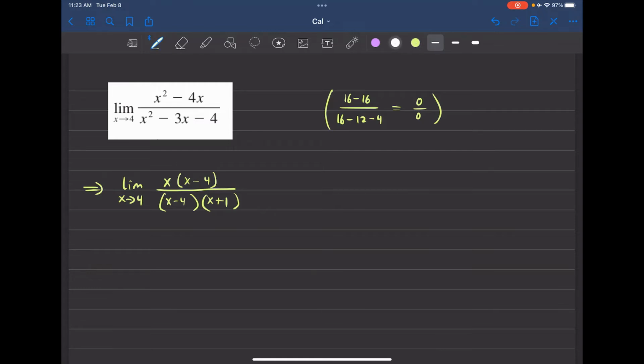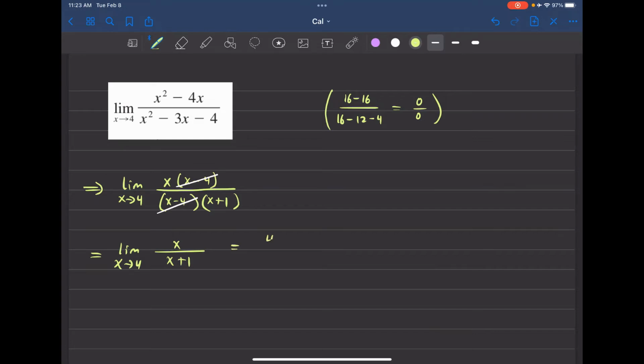And now it looks like I can cancel these factors, so I'm left with the given expression. Now I have the limit as x approaches 4 of x over x plus 1. And now I try direct substitution again.